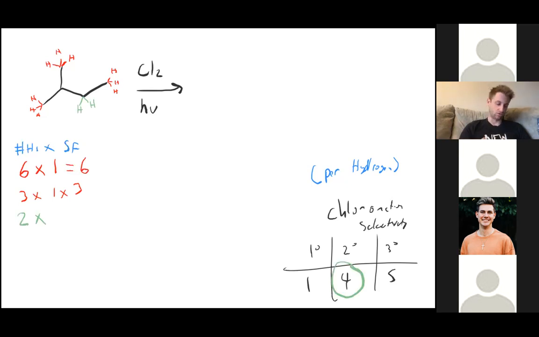Looking over here, that's 4. This should not be a times sign. This should be an equal sign. There we go. So this has a selectivity of 8 here.